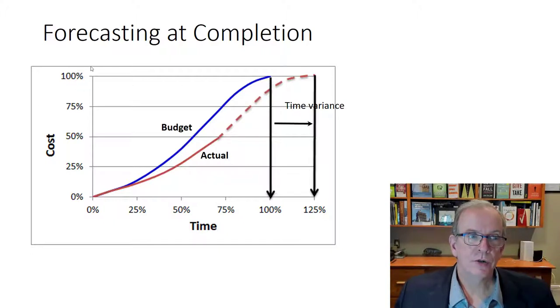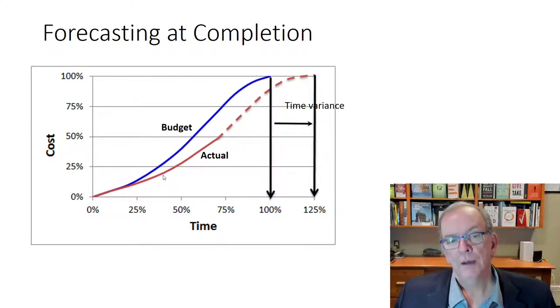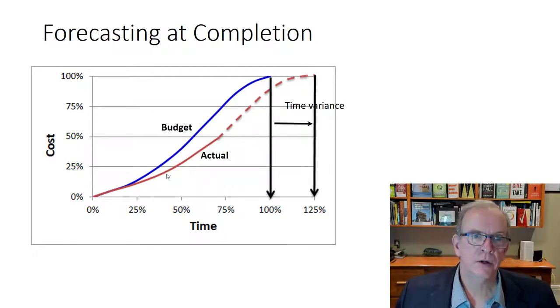So this was the original cost budget, and now we're at 120%, 25% over time, and 10% over budget, or whatever that correlation may end up being. It's a good way of visually seeing if this is starting to track differently, which shows you very early in the project that there's a trend occurring.